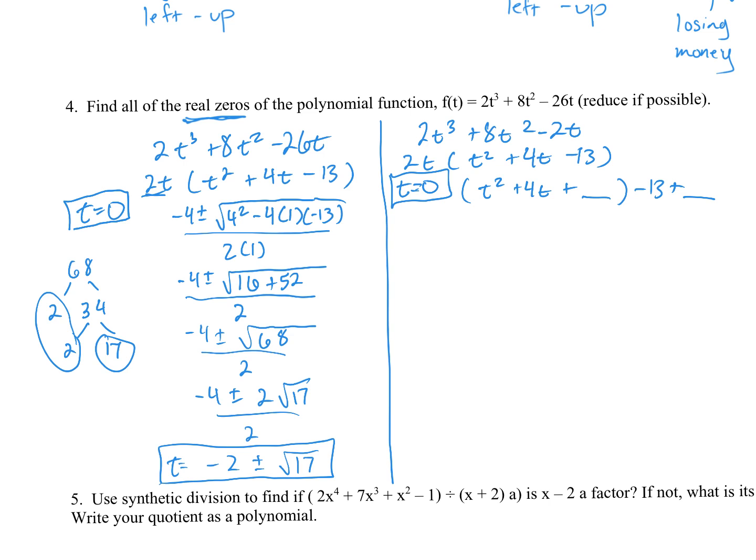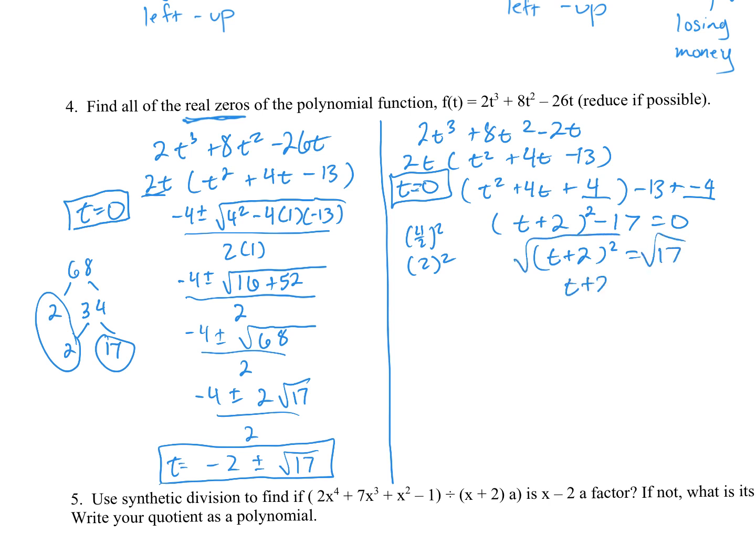Half of 4 squared, that is 2 squared, so this is 4. This is t plus 2 squared. This is 4 here. This is negative 4 here. This is minus 17. So then I set that equal to 0. And then t plus 2 squared equals 17. Square root both sides. t plus 2 equals plus or minus root 17. t must equal negative 2 plus or minus root 17. Like so.